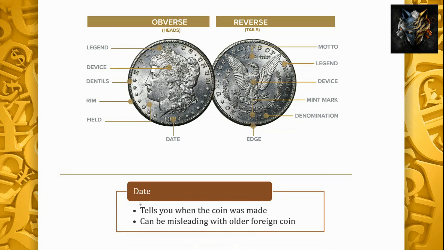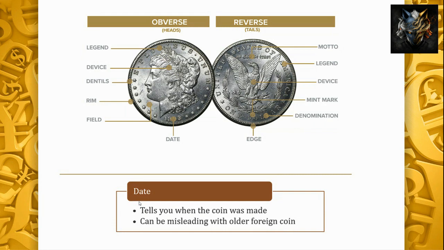Now, the date can happen either on the reverse or the obverse, doesn't really matter. However, when you're talking about US coins or British coins, European coins, Australian coins, the date usually is the date the coin was minted. That means that if they created this coin in 1876, that's the year that's going to be on there.